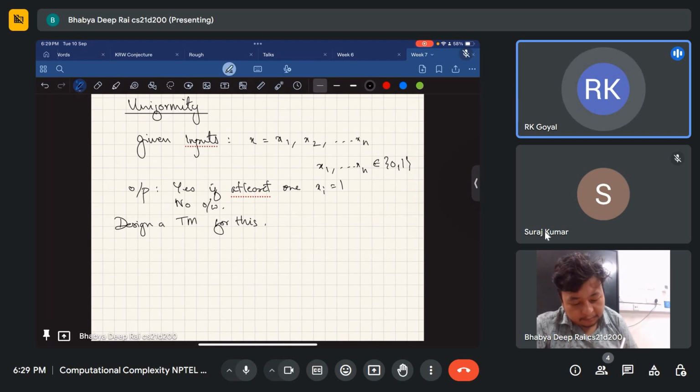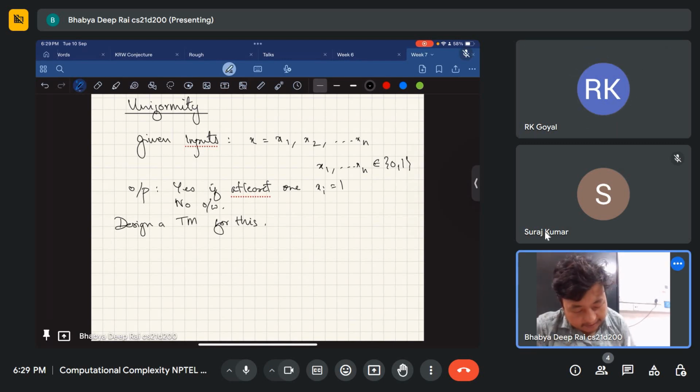So if the length of the input is n, then at most the Turing machine may need to make n right moves. Exactly. Good.